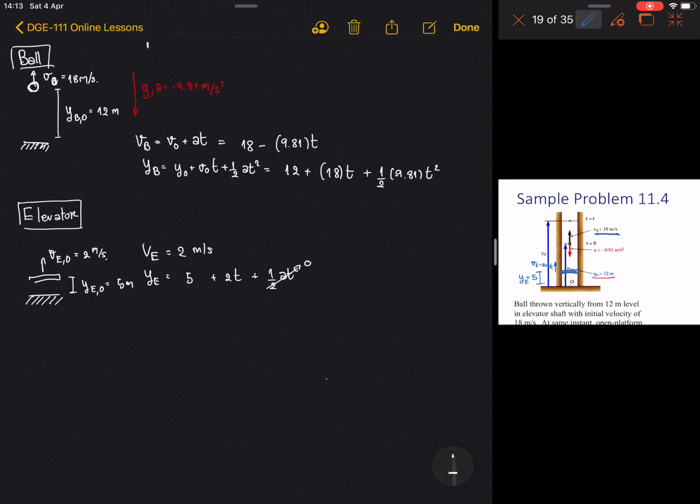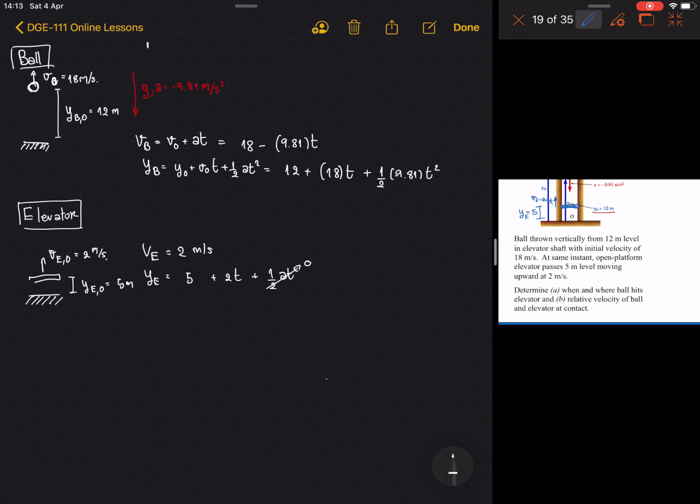And then the question is when does the ball hit the elevator. What does it mean, the ball hits the elevator? The ball can only hit the elevator when YB equal to YE, right?